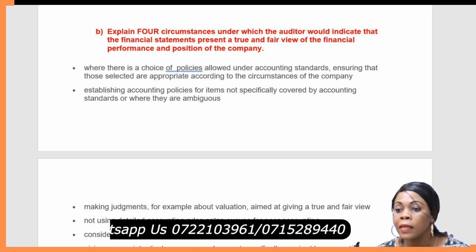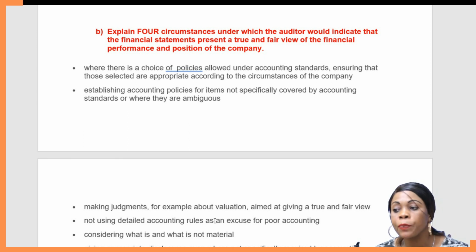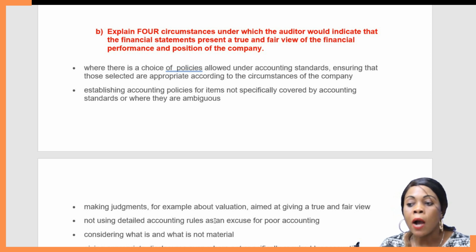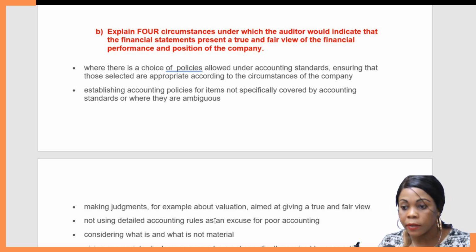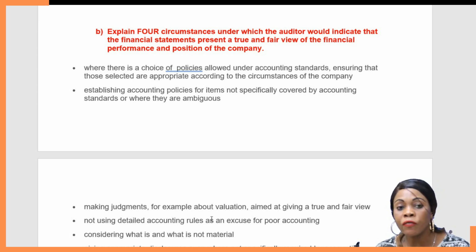Another circumstance is establishing accounting policies for items not specifically covered by accounting standards or where they are ambiguous. Another circumstance is making judgments, for example, about valuation aimed at giving a true and fair view.